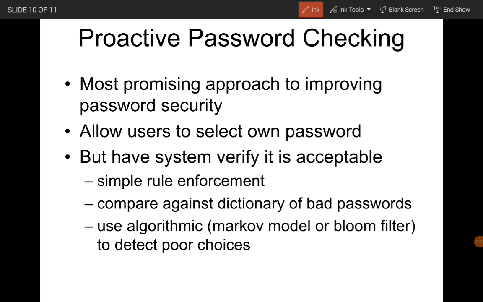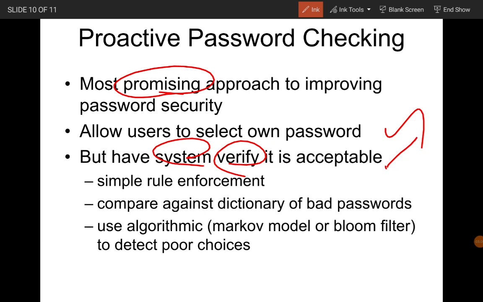Then the last one is proactive password checking. It is the most promising approach. Here the users can select their own password. But the system should verify whether it is an acceptable password or not.